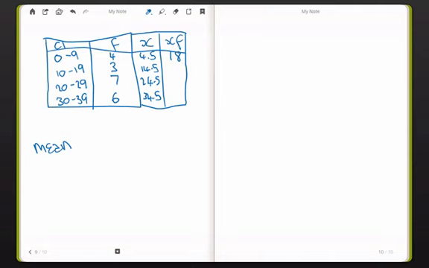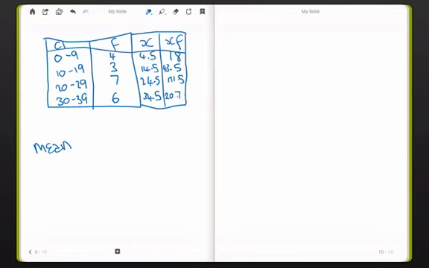Then we'll do 14.5 times 3, which gives us 43.5. For this one, 24.5 times 7 gives us 171.5. Then the last one, 34.5 times 6, gives us 207.